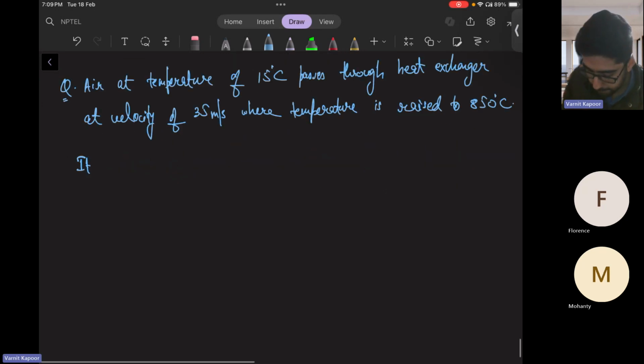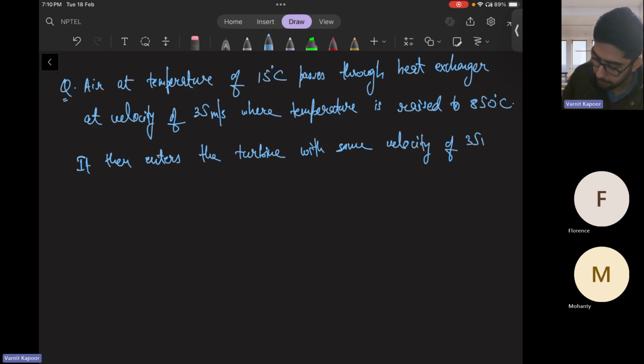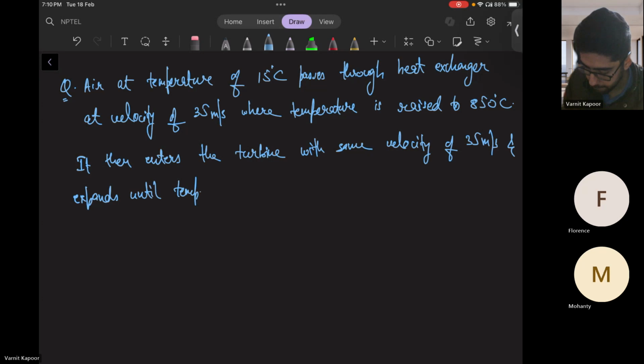It then enters the turbine with the same velocity of 35 meters per second and expands until temperature falls to 600 degrees Celsius.